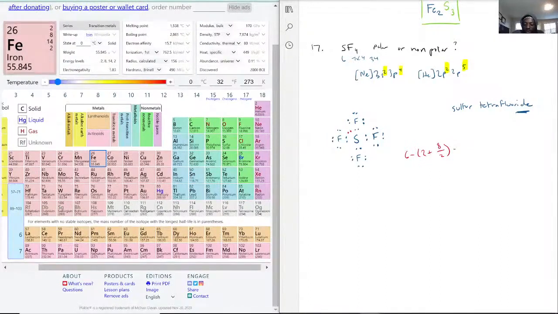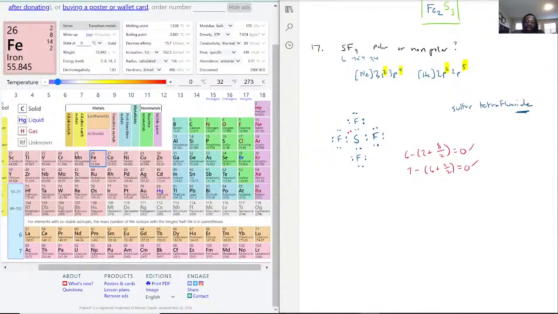So 2 plus 4, that's equal to 6, so it does equal 0. Same thing with the fluorine. 7 minus, it has 6 in the lone pairs, so 3 lone pairs of 2, so that's 6 in total, and then plus 2 over 2, that is 7, and that also equals 0. So that's good. This is actually what sulfur tetrafluoride would be.